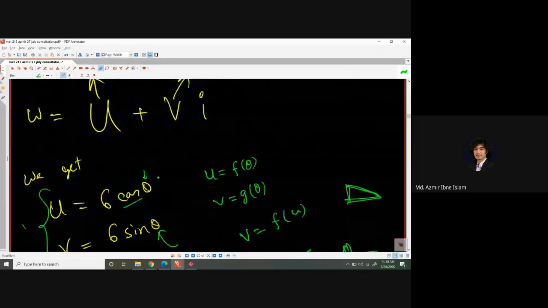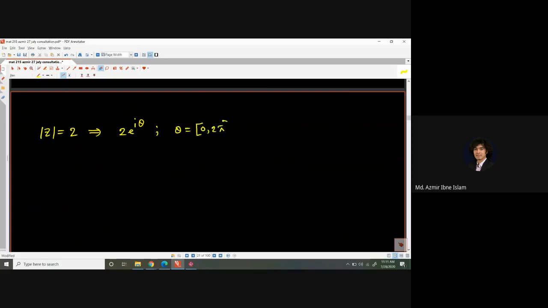You will understand now that in our given question we have modulus of z equal to 2, which we are considering as 2 e to the power i theta in polar form, where for the circle we denote that theta is between 0 and 2 pi.